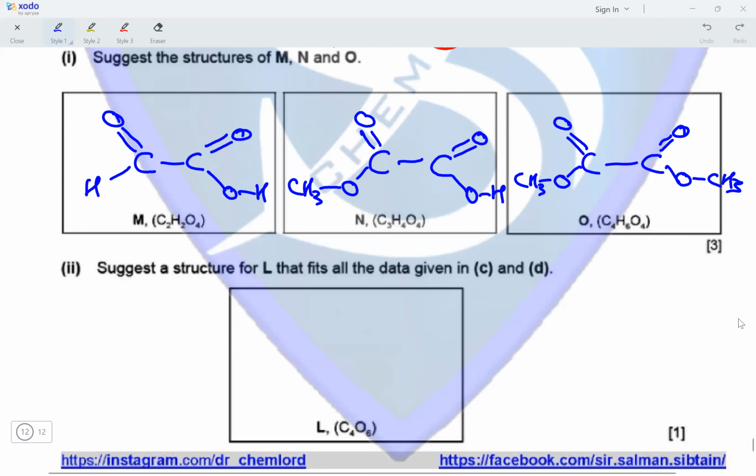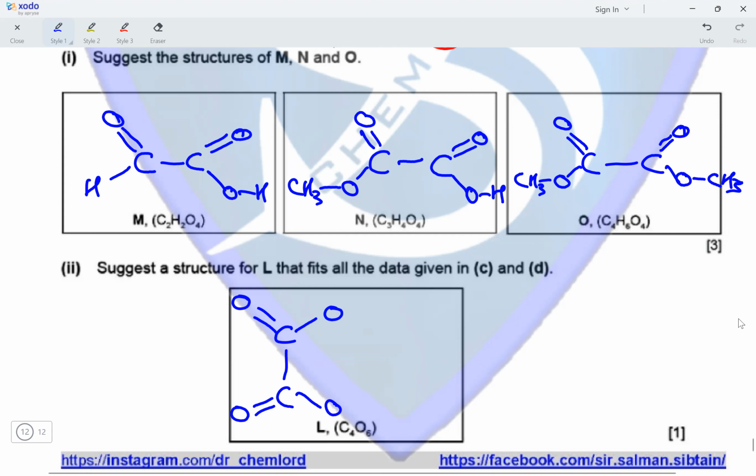Suggest a structure for L that fits all the data given in C and D. So L results in the formation of O. So we end up with two carbon atoms with two double-bonded oxygens on them and a single-bonded oxygen on it as well. It also gives us N, which has a carboxylic group, and it also gives us M, where both are carboxyl groups. And L has only a single peak at 165.